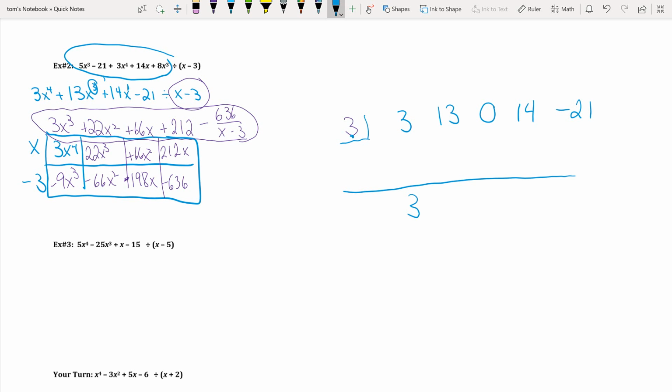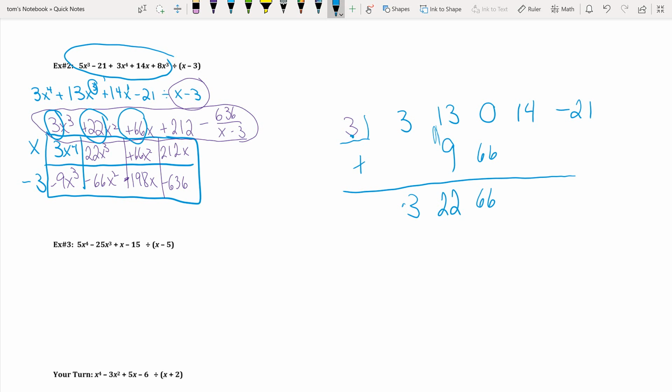And then you multiply this 3 times this 3, and you get 9. And then you add 13 and 9, and you get 22. And then you'll notice 3, 22, it's the same coefficients. 3 times 22 is 66. Add that to 0, you get 66.